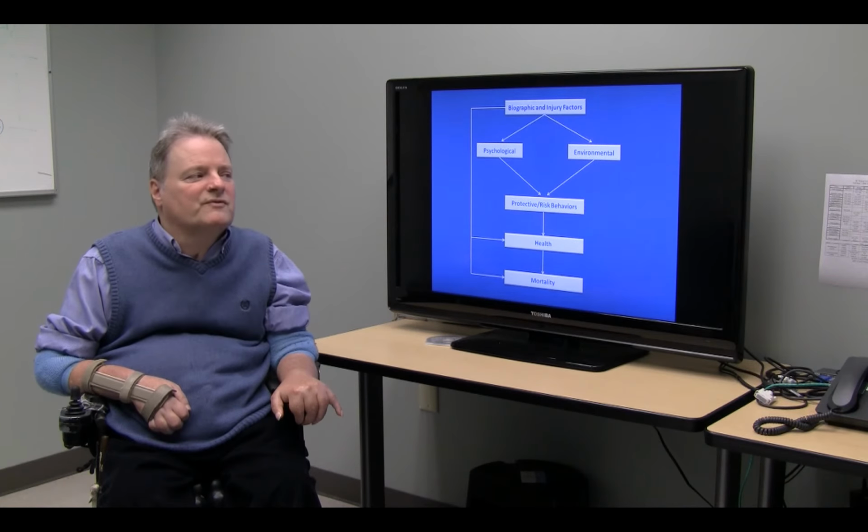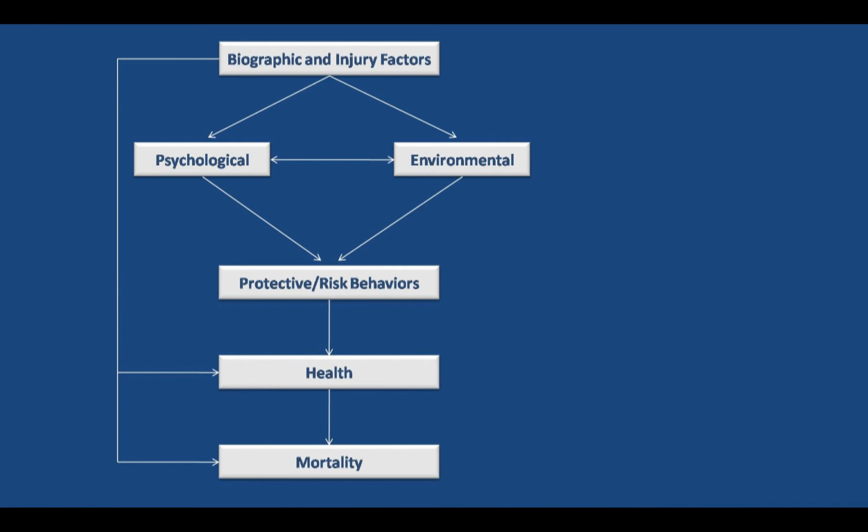So in summary, just for the research model itself, an individual has certain characteristics at injury, they have certain psychological characteristics, they return home to a certain type of environment. That all these factors lead to particular sorts of behaviors, which in turn affect health, the development of secondary conditions such as pressure ulcers, urinary tract infections are examples, and those lead to the risk of mortality.